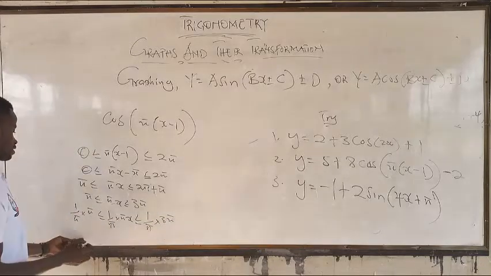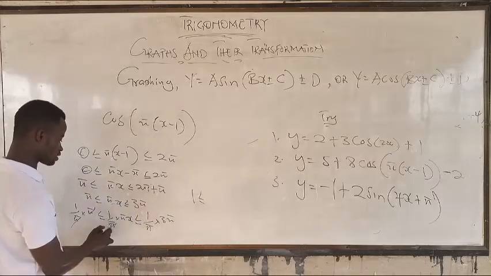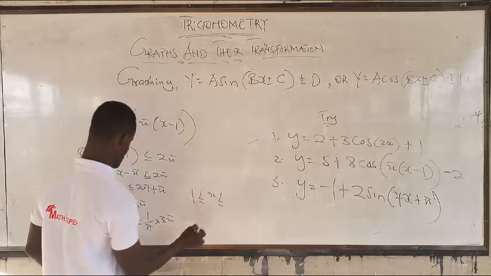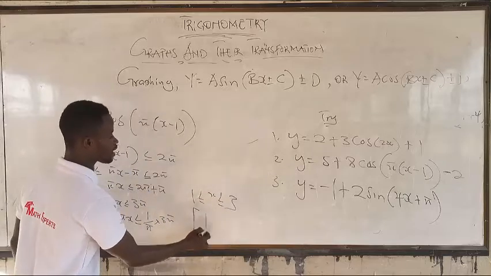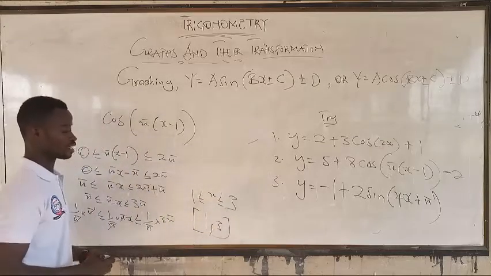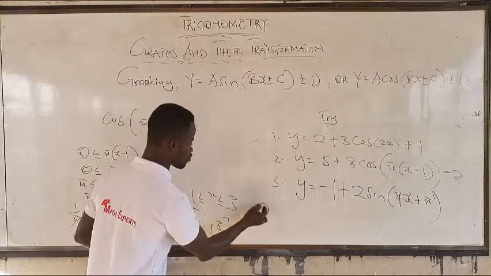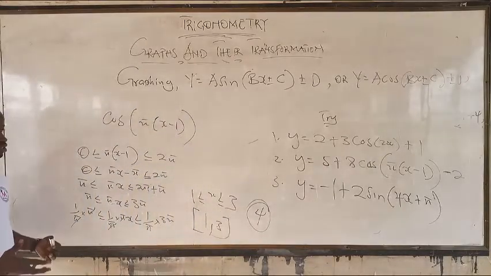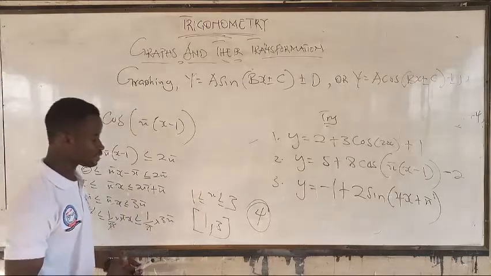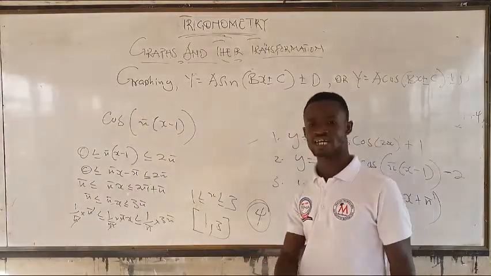So this cancels this. So we get 1 less than or equal to s, less than or equal to 3. So you can see the interval is just 1 to 3. And to get the period is just this plus this, which is 4. Nice. So you can use this idea to get the period and also the interval.